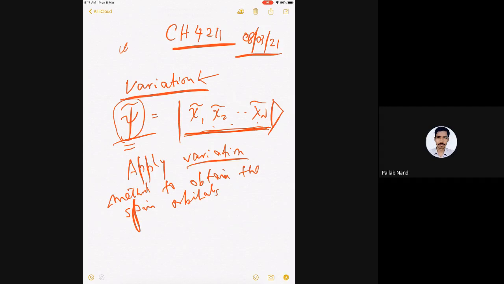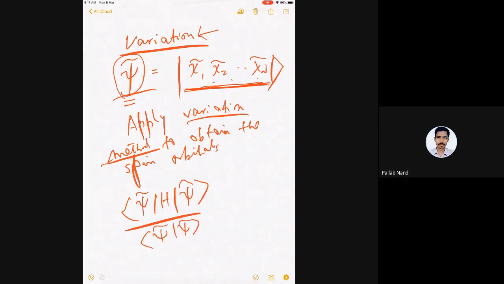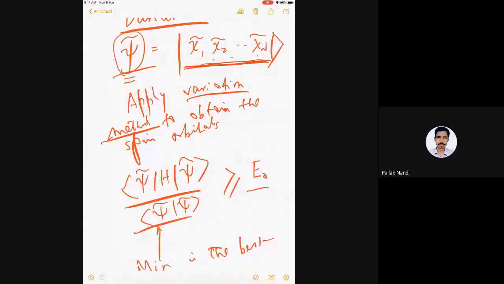Do you understand the reason we are using the variation method? Because the variation method says, if I start with the psi tilde and calculate the average value in this manner, and then apply minimization to this average value, then we know that this is always greater than or equal to E naught. So the minimum is the best approximation, but the best within this class.